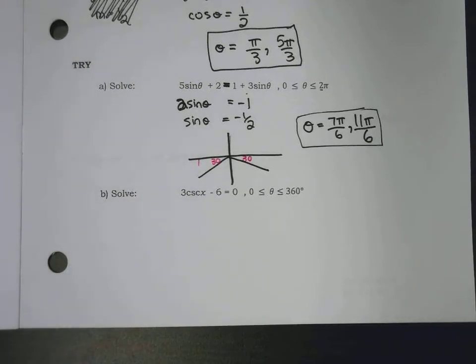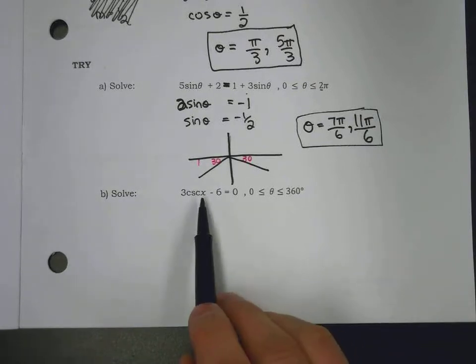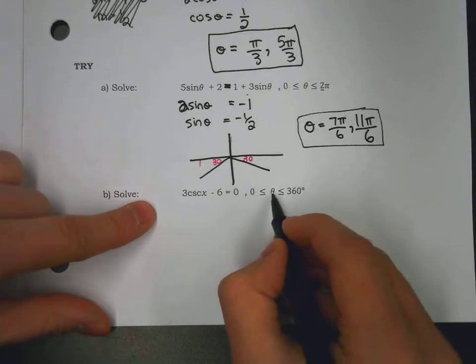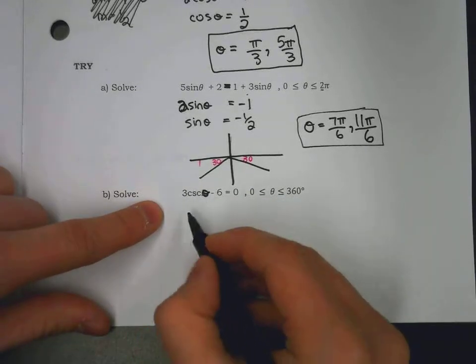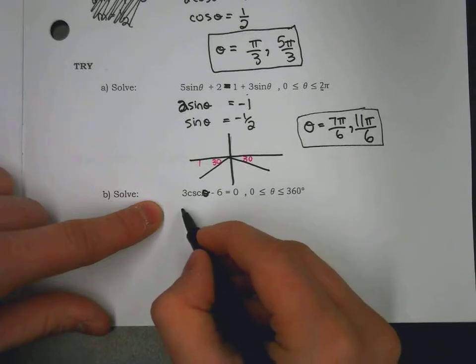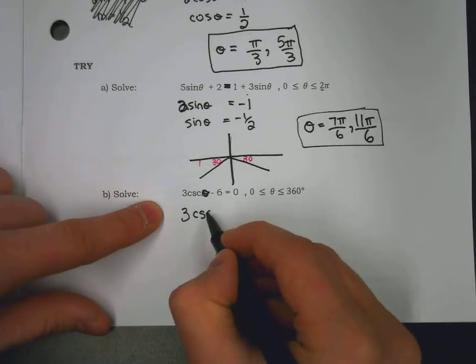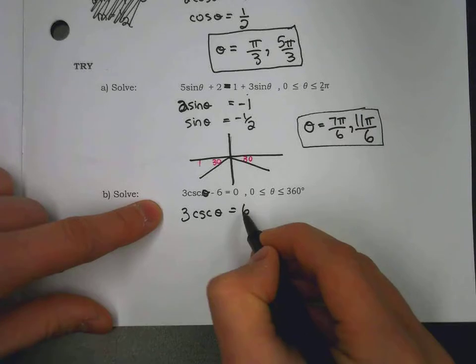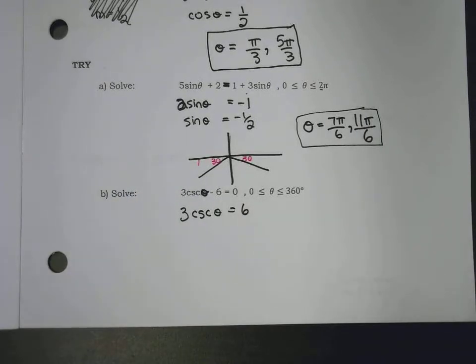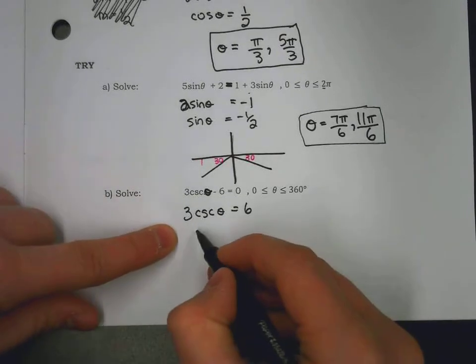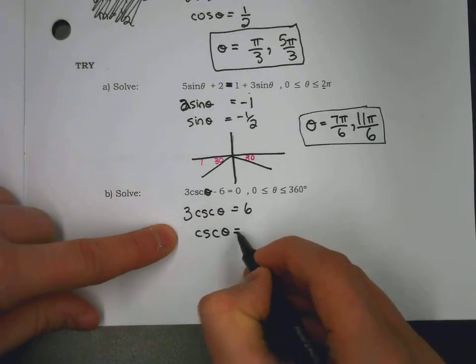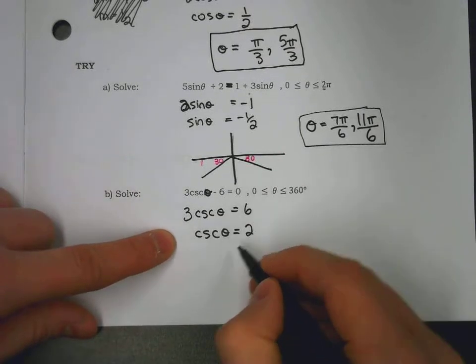They can get a little bit more complex as we look at maybe cosecant. And so I do have a theta and an x. These should match. So when is 3 cosecant of theta minus 6 a 0? Many of you just start by doing something, maybe getting your trig statement by itself. So cosecant of theta, maybe we can divide both sides by 3 and get cosecant of theta is 2.